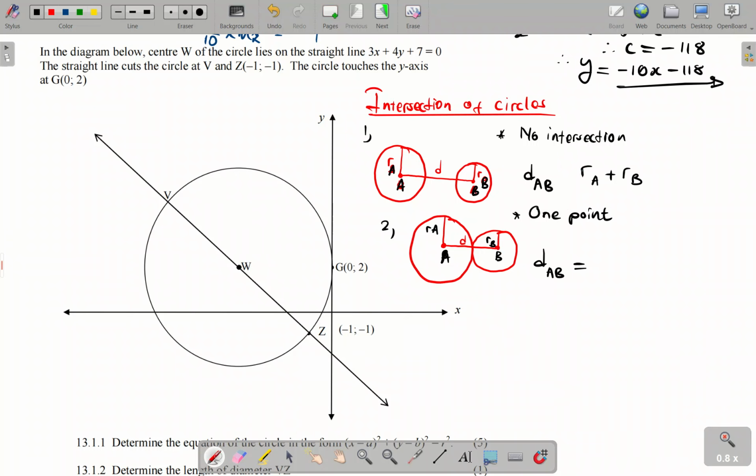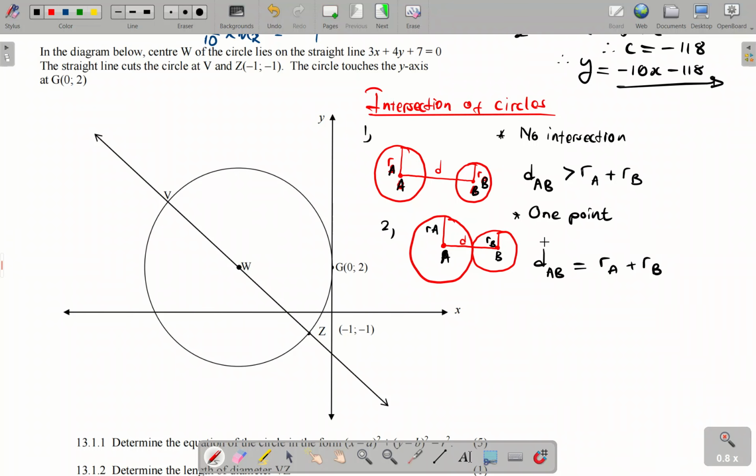This is when you have the distance greater than the sum of their radius, and then this is when you have the equal sign. So whenever you have this, it's just going to be the radius of A plus the radius of B. So the sum of their radius is that.